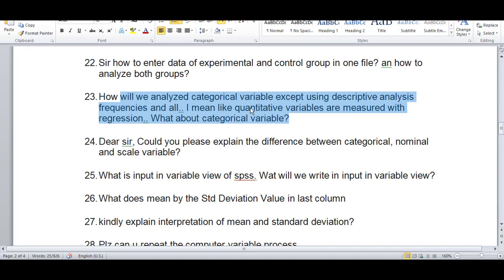Then you can conduct research and get data through a survey form. So you would have two variables, gender and political affiliation, and both are categorical variables, and you simply need to use chi-square. So yes, you can do analysis of categorical variables by using regression, correlation, chi-square. It depends on the main purpose and objective of your study.